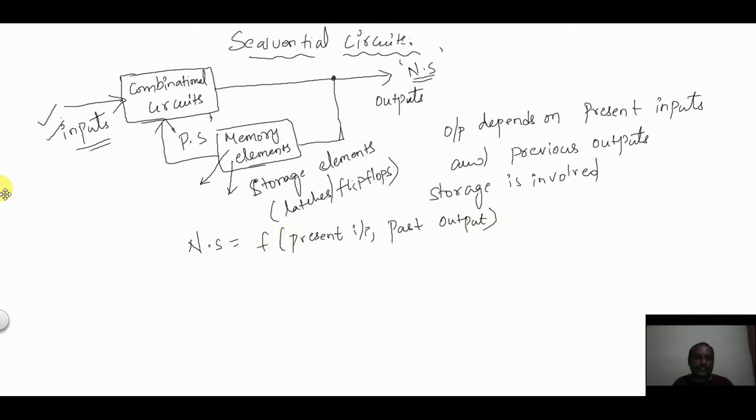The basic elements of sequential circuits are latches and flip-flops, and we have seen that the basic elements of combinational circuits are logic gates. Similarly, the basic elements of sequential circuits are latches and flip-flops.